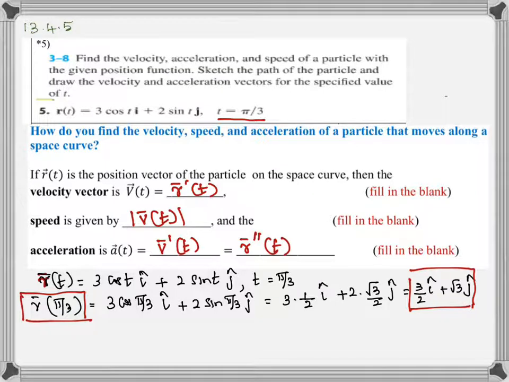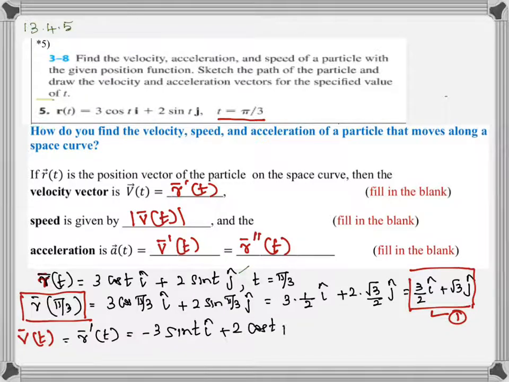Now we also have to get the velocity and the acceleration. Velocity is given by the derivative of r of t. So we differentiate 3 cosine t i plus 2 sine t j, which gives negative 3 sine t i plus 2 cosine t j. Now we'll find the velocity at pi by 3.